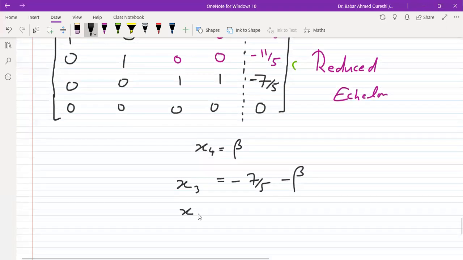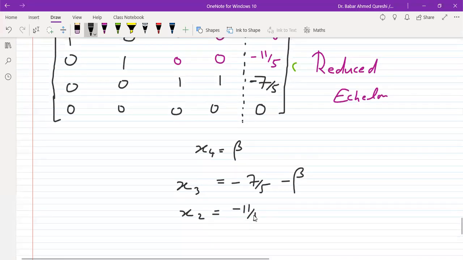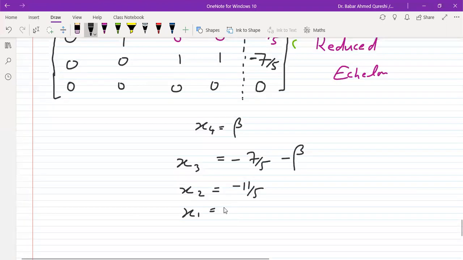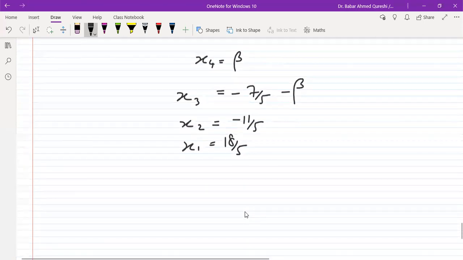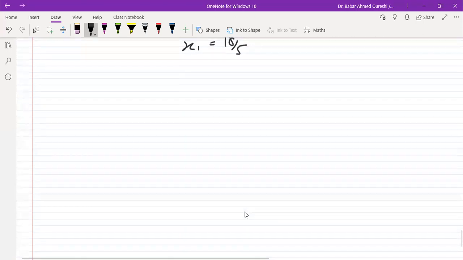And the other ones are written up there, which is what we had got before. Any question?